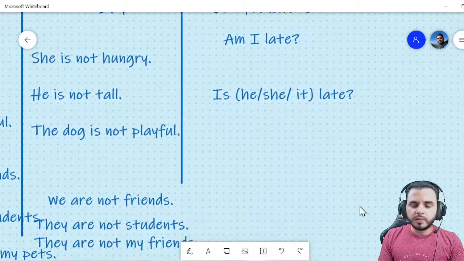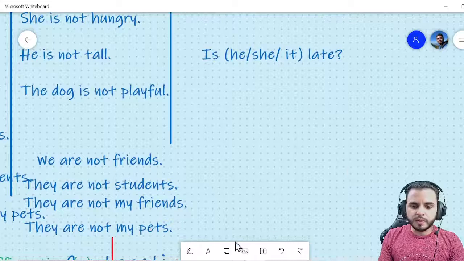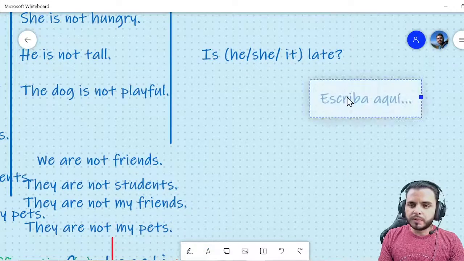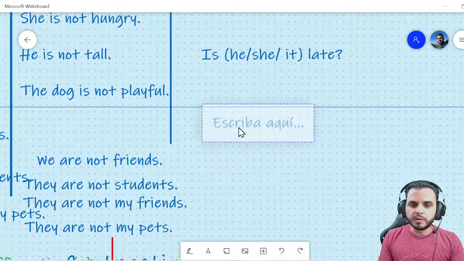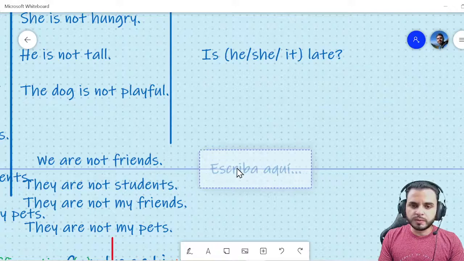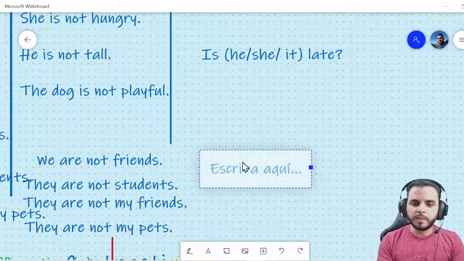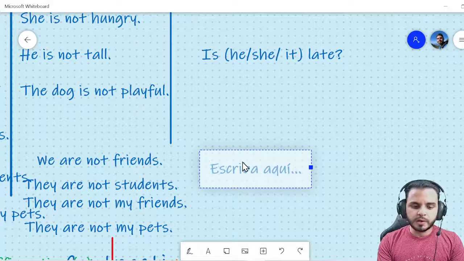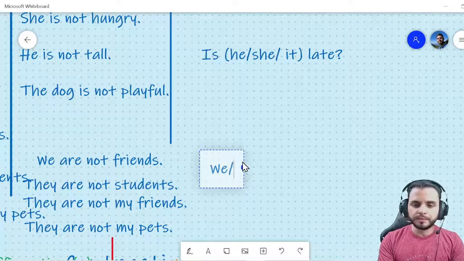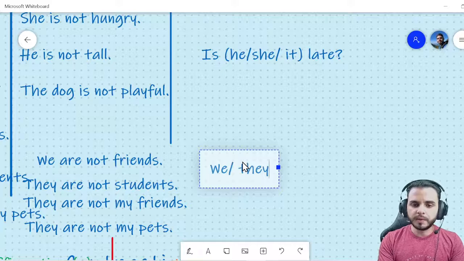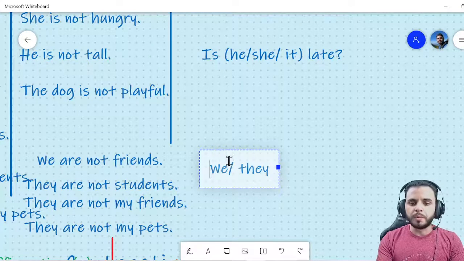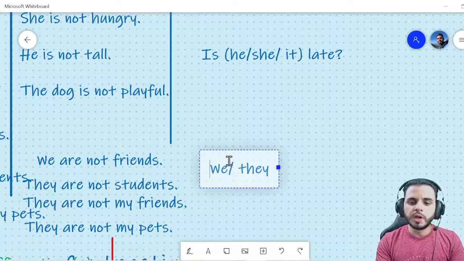And finally, we're going to see the last two pronouns in question form. So we have we or they, right? Remember, we start with the verb be, so I'm going to use the verb be first, which is going to be are.